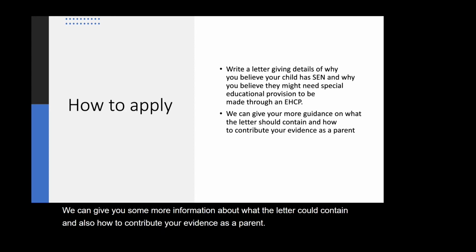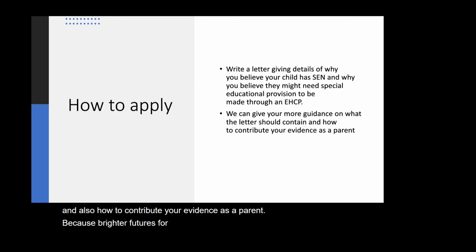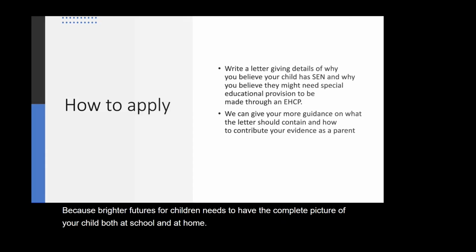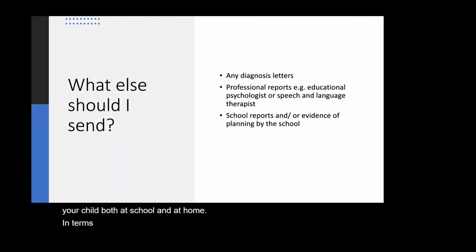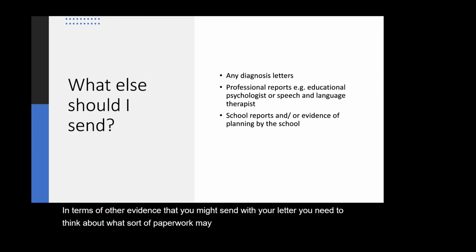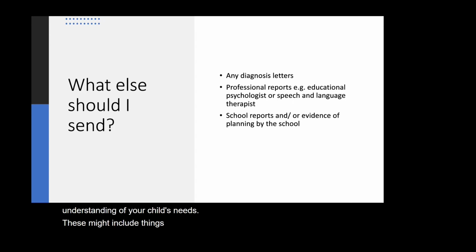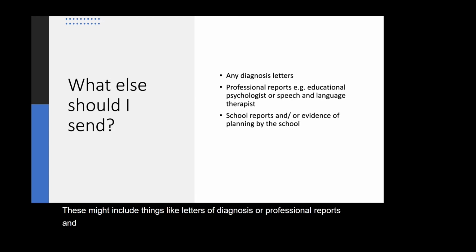Because Brighter Futures for Children needs to have the complete picture of your child, both at school and at home. In terms of other evidence that you might send with your letter, you need to think about what sort of paperwork may help Brighter Futures for Children's understanding of your child's needs. These might include things like letters of diagnosis or professional reports and information from school.